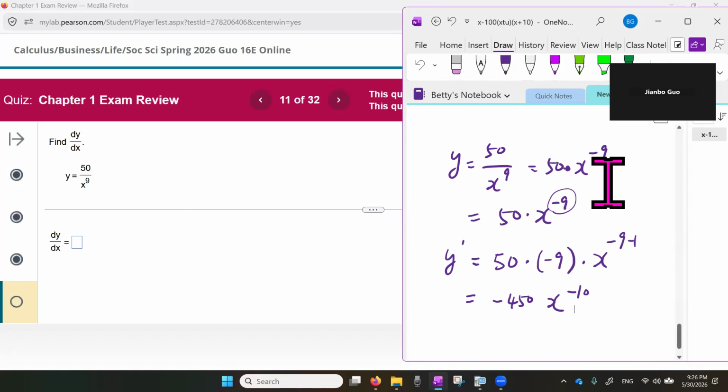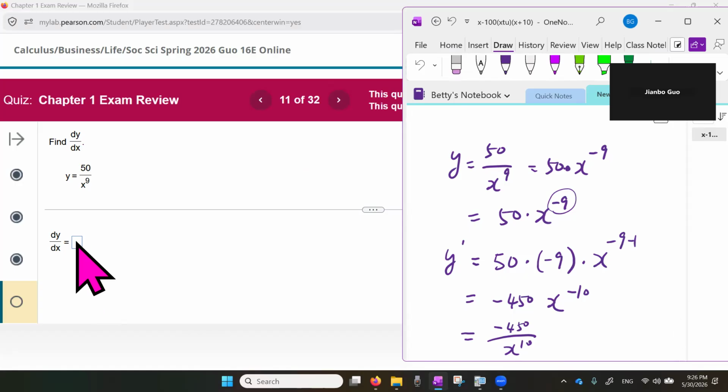So here I would recommend you write the answer as negative 450 over x to the power of 10, because an algebraic expression with a negative exponent is not considered simplified. We want to give the answer in simplified form.